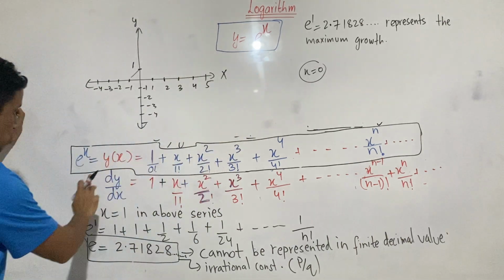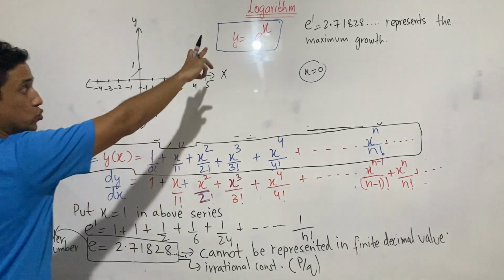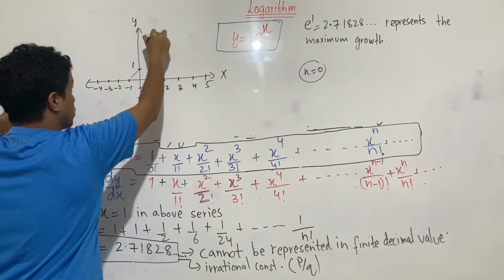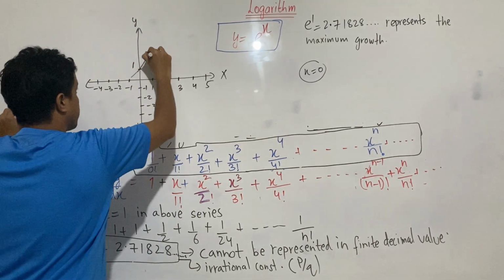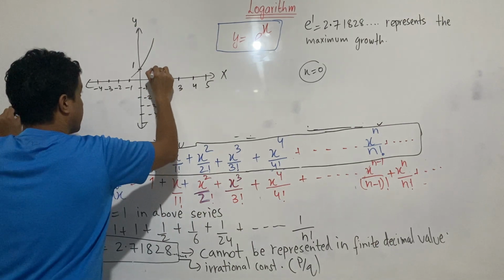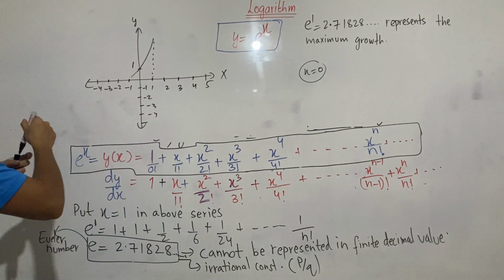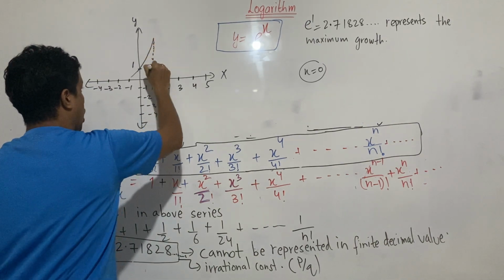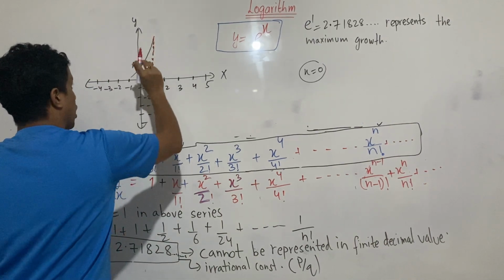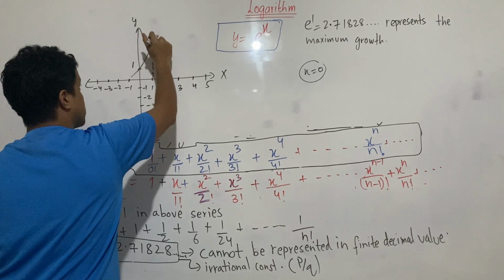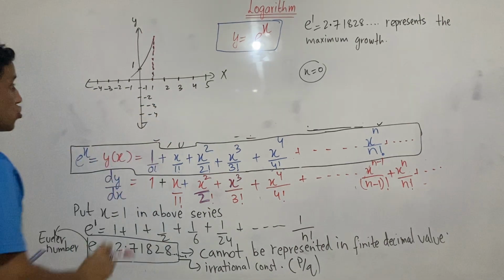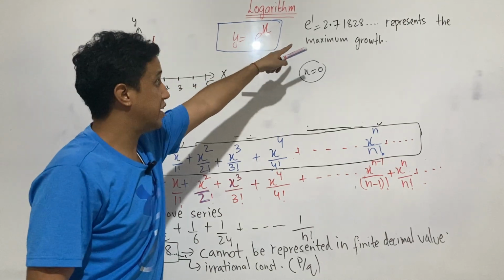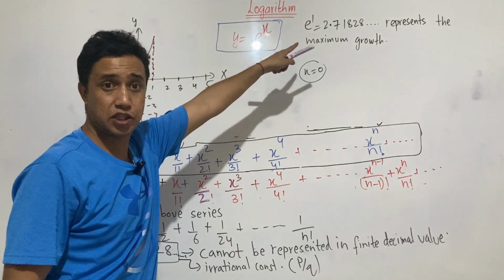This is y equals e to the 1. It will go up, and here it will stop because we are doing it for e raised to the exponent 1.